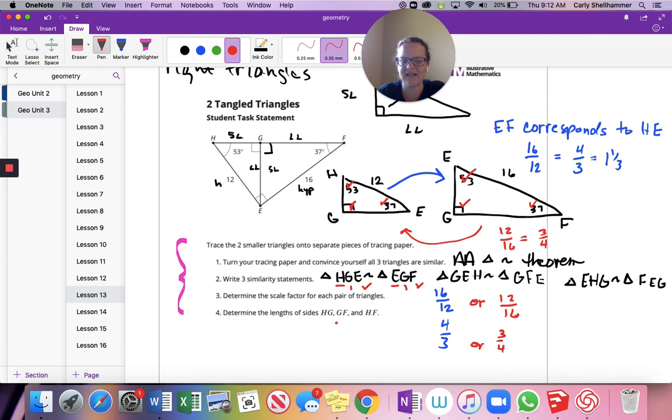Determine the length of the other sides. So if I multiply, let's see, well, we need one more side. Do I not have, let me erase this. Maybe I'm missing something.